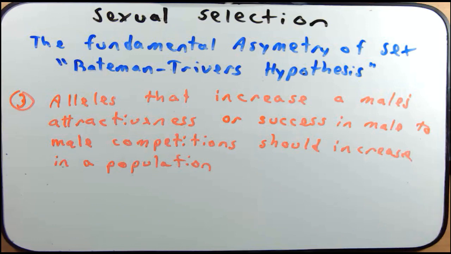So that's why we would see more brightly colored peacocks than dull colored peacocks, because those brightly colored peacocks had a greater probability of reproductive success, and therefore the alleles that cause brightly colored feathers are going to become more predominant in a population because they represent reproductive success.